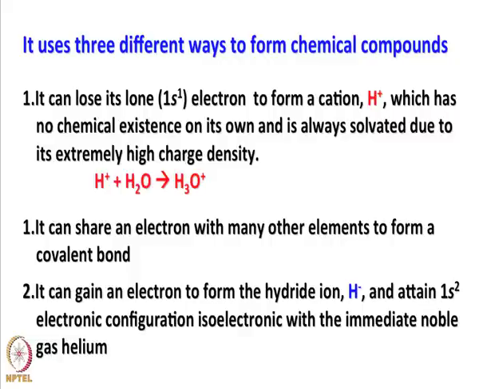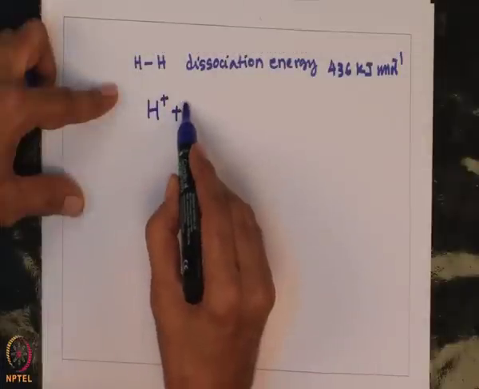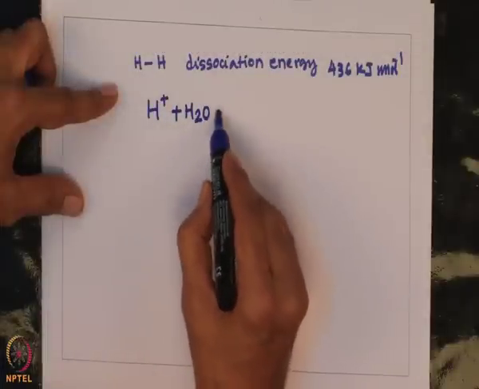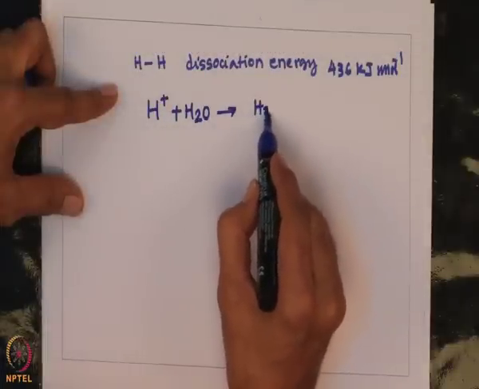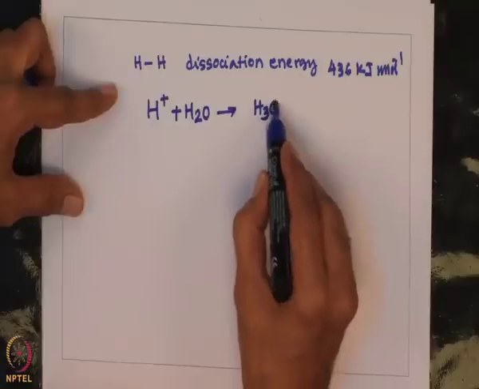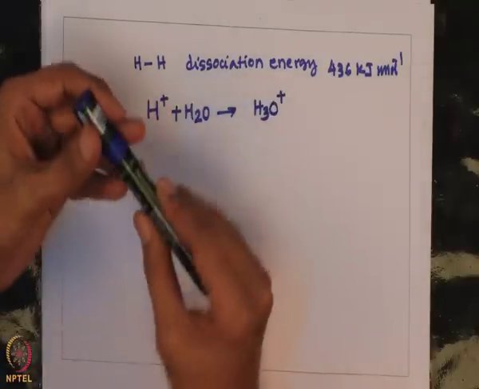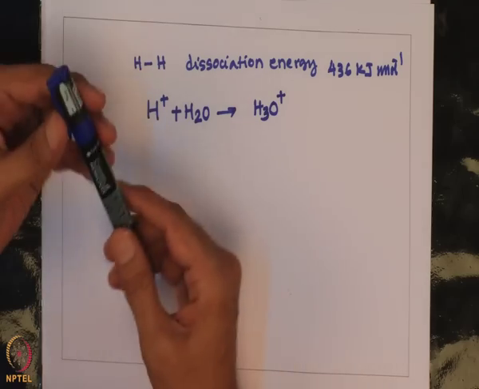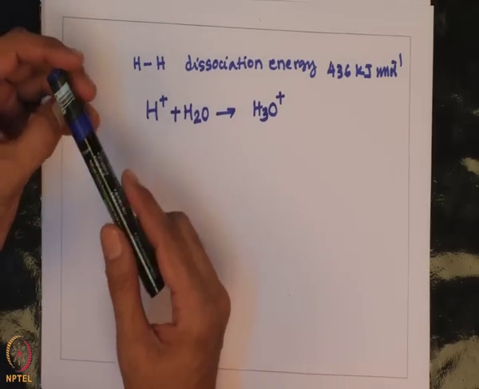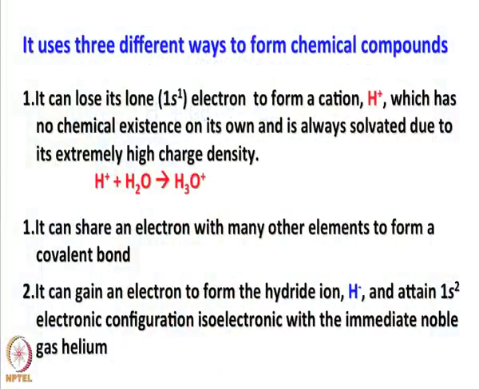That means when H plus is generated, since it doesn't have independent existence, for example, if water is there, it readily forms the hydronium or hydroxonium ion. In contrast, it can take an electron to complete its octet and form a hydride ion, and it can also share an electron with many other elements to form a covalent bond.